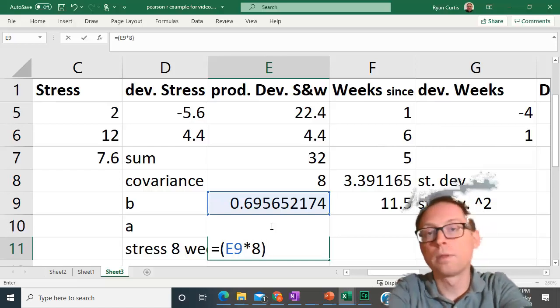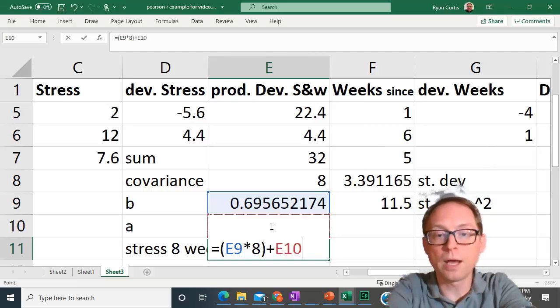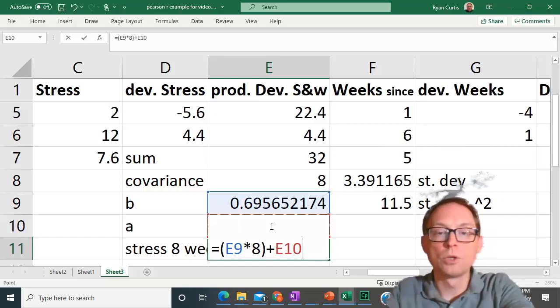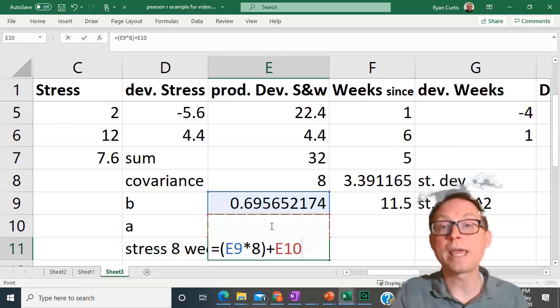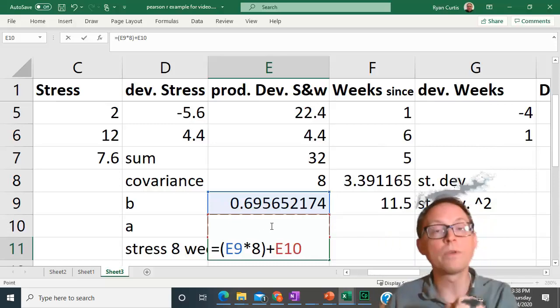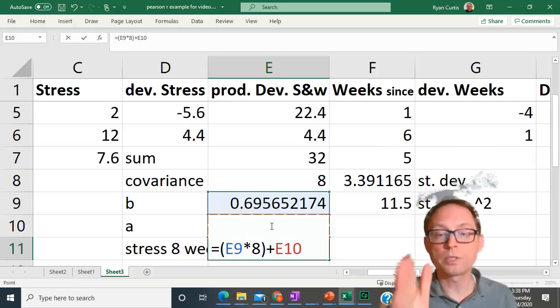When 0 weeks have passed, we expect that you have a stress level of 4.12, so plus a. I will always give you the value of x in a linear regression, and you take the slope times x plus the y-intercept.